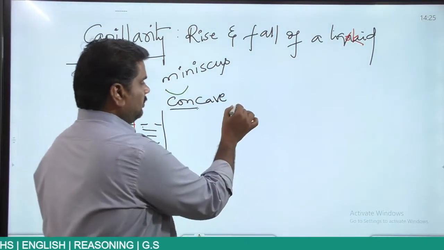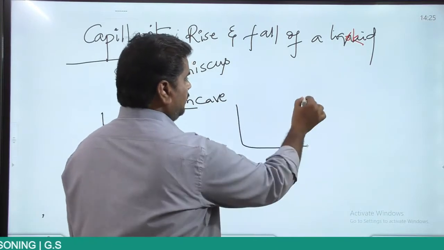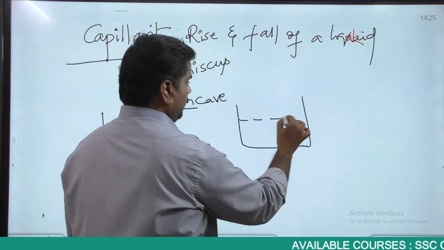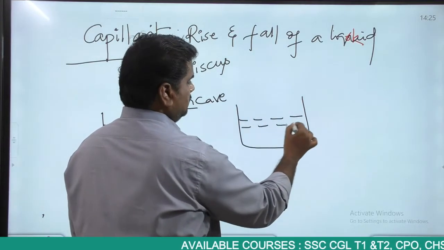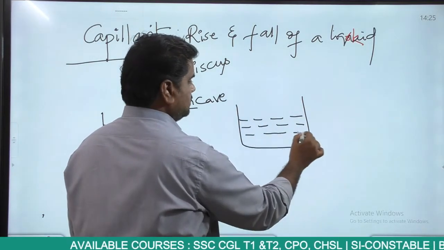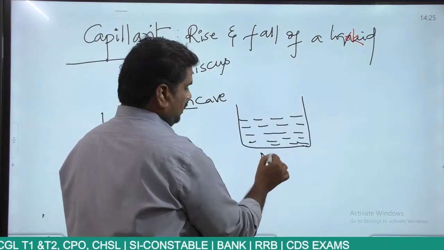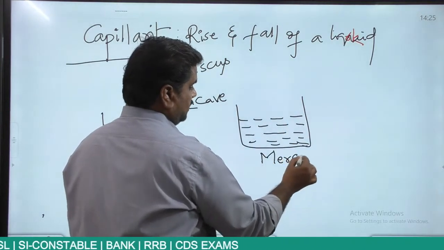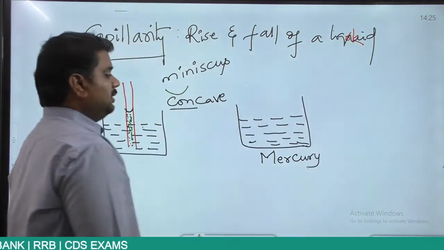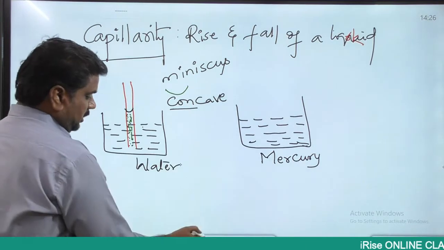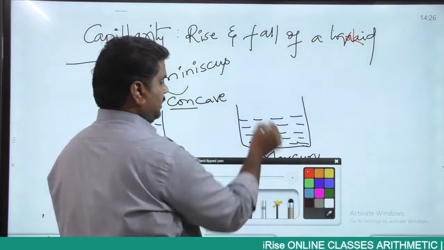At the same time, on the contrary, instead of water, you are taking another liquid. You take another beaker of the same size, filled with mercury. In the first beaker, you are filling with water, whereas in the second beaker, you are taking the case of mercury.